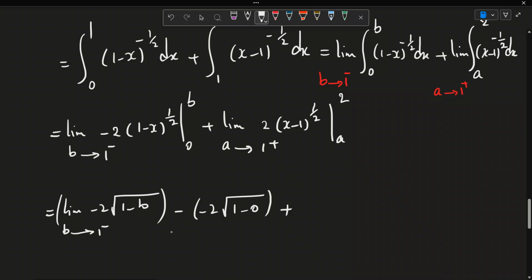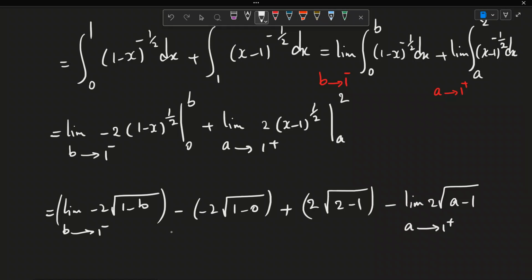Plus, for the second integral, at the upper limit we have 2 root 2 minus 1, and at the lower limit we have the limit of 2 root a minus 1 when a approaches 1 from the positive side. Again, we say that these limits are 0.